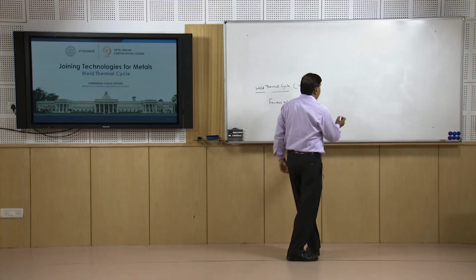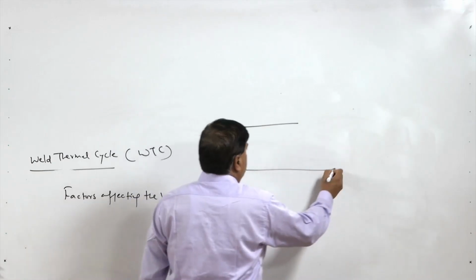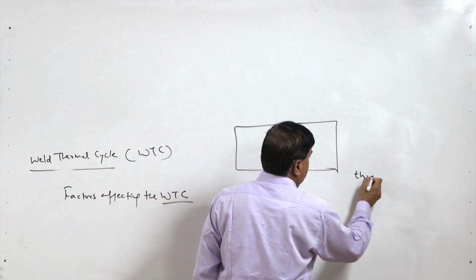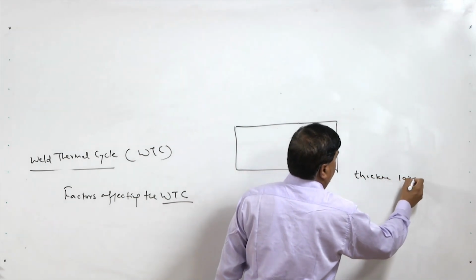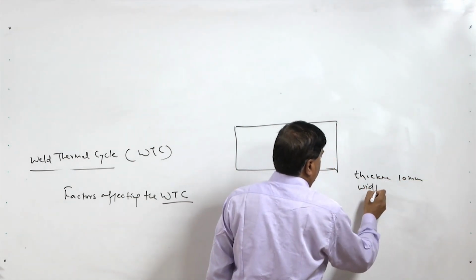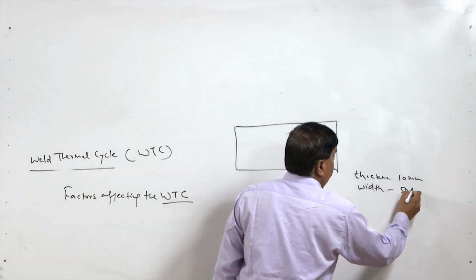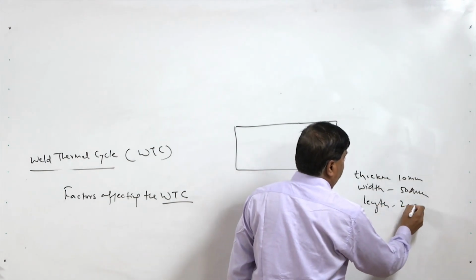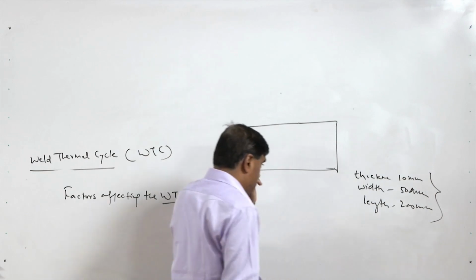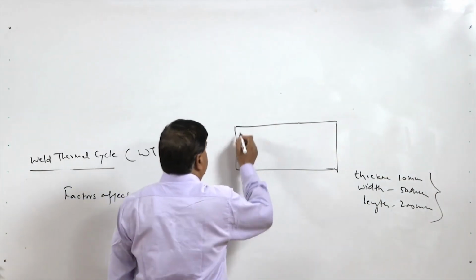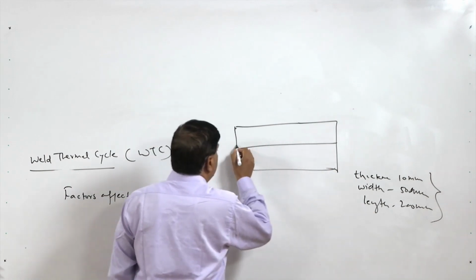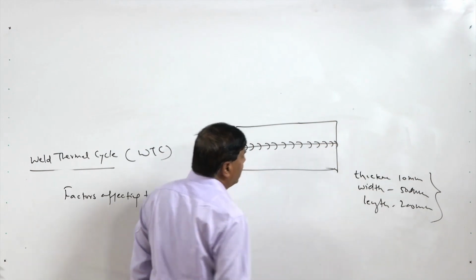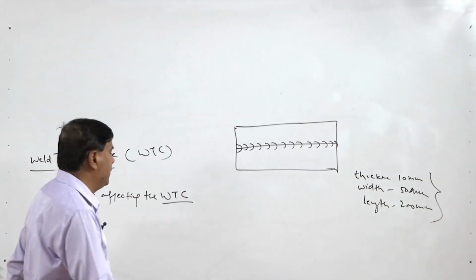So, basically if we take any schematic arrangement, like this is the plate of thickness say 10 mm, width 50 mm and length 200 mm. Say these are the dimensions, and during the welding, when heat is supplied for the fusion, how fast the heat is extracted determines the weld thermal cycle at a particular point.